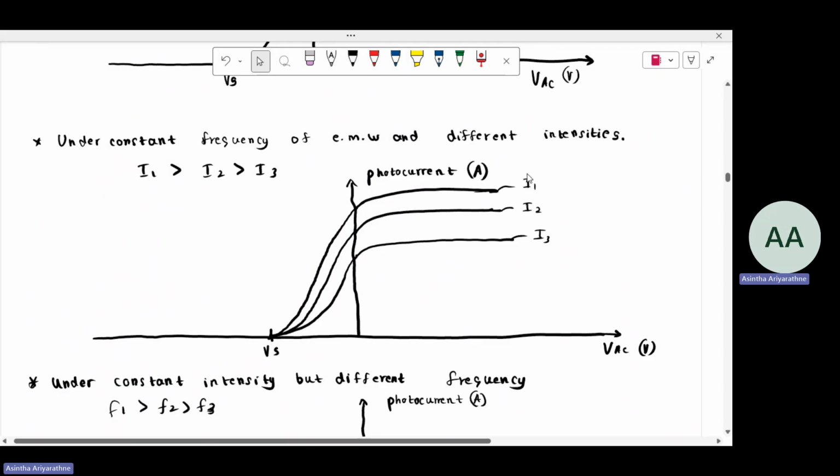For any different light intensity, keeping the frequency constant, the stopping voltage remains the same.